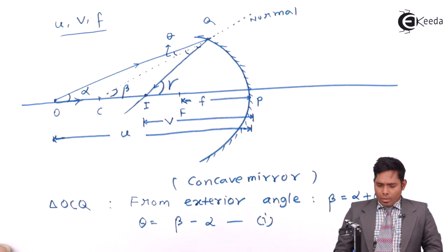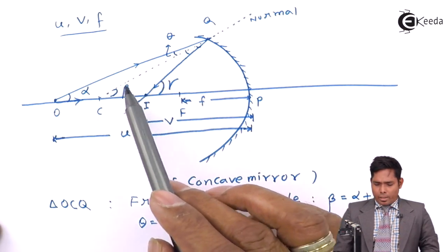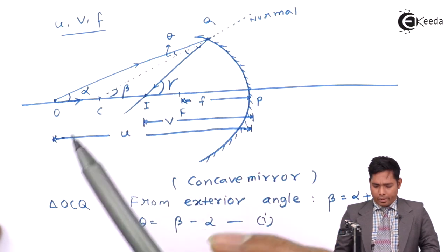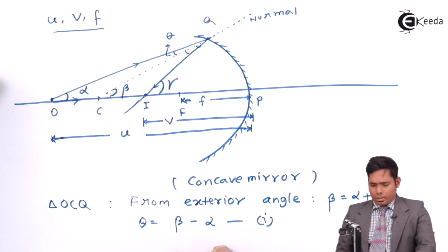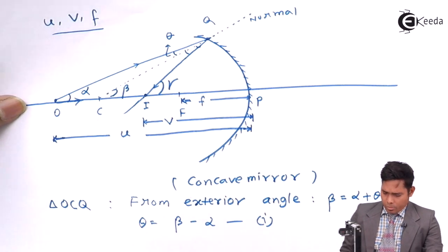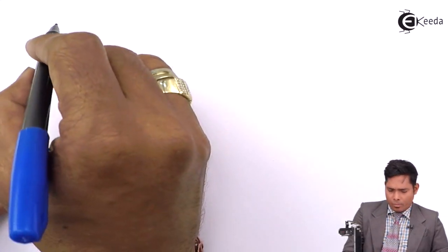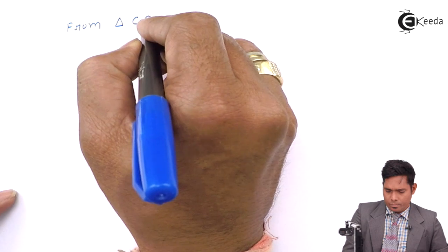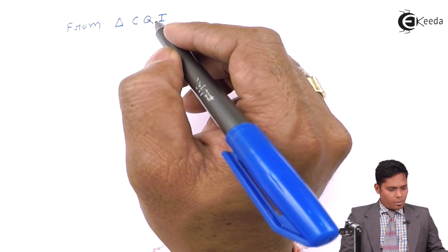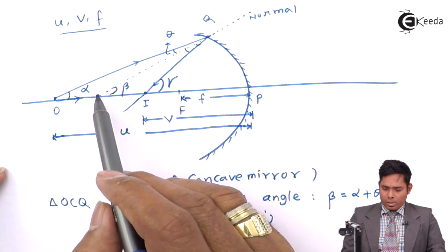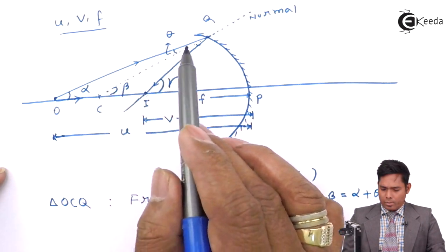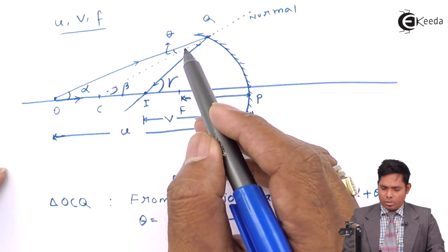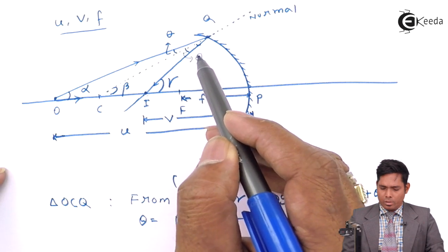Now I will consider another triangle, that is C, Q, and I. You can see here in triangle C, Q, I, beta and theta are interior angles, because this is the angle of incidence and this is the normal, so this angle is also theta.